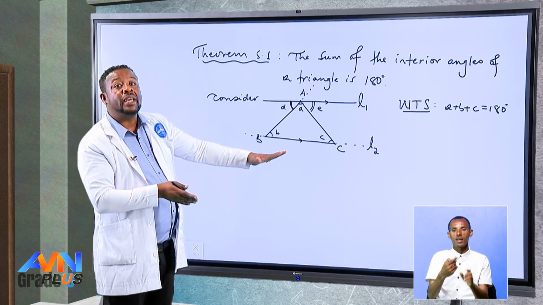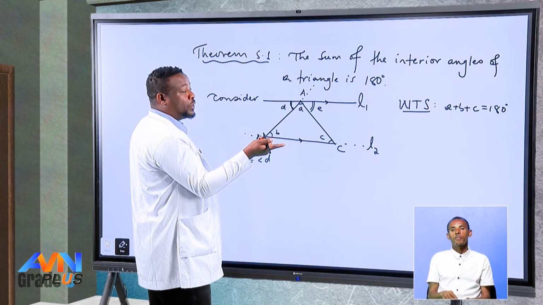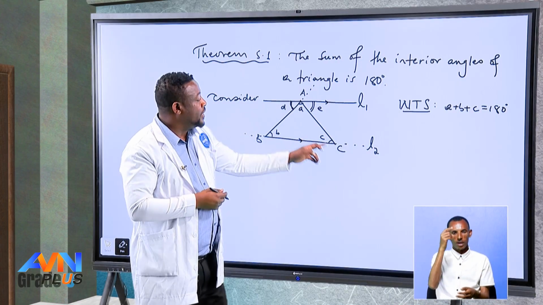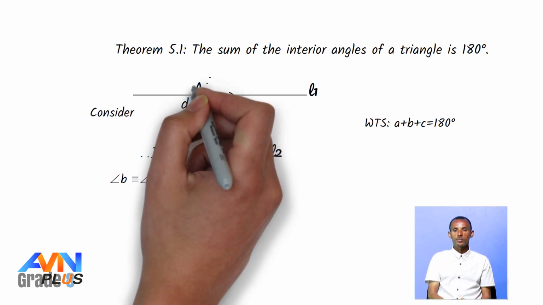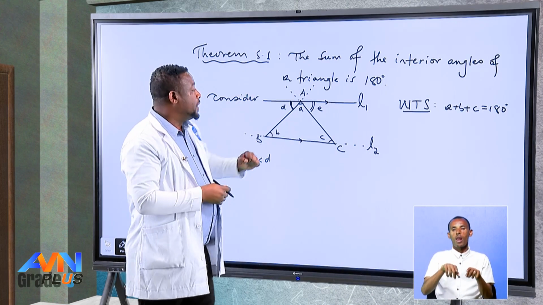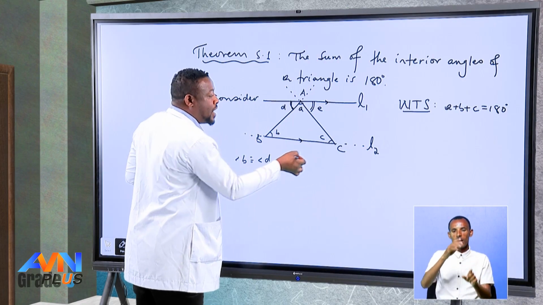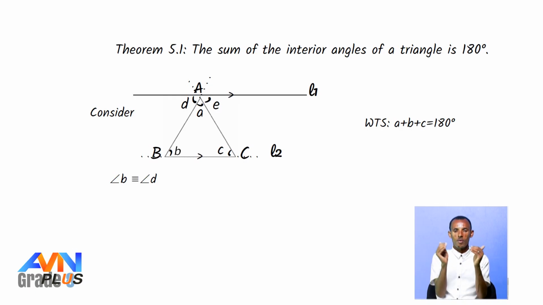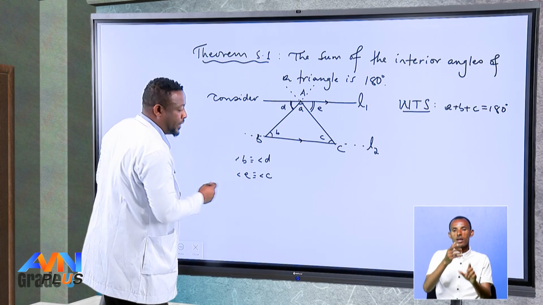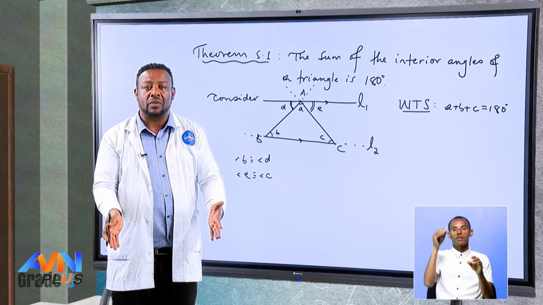The other fact is, if you consider AC as a transversal for the two parallel lines, then angle E and angle C are congruent, by the same reasoning: alternate interior angles are congruent.